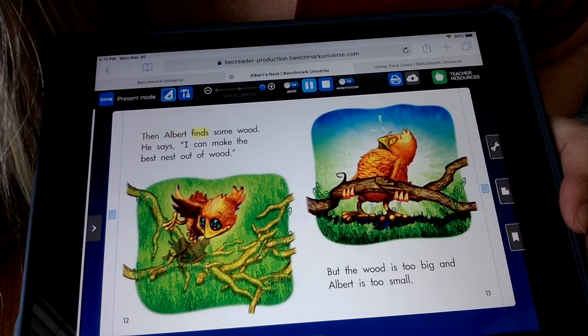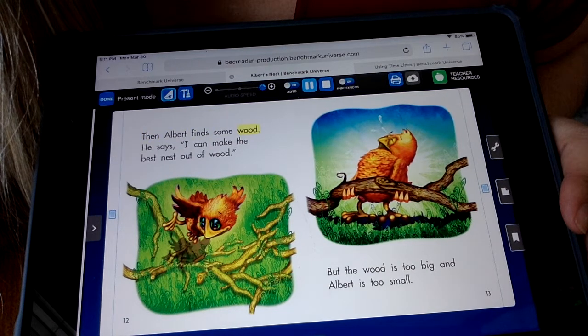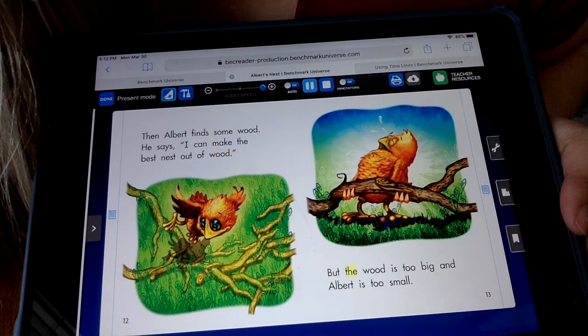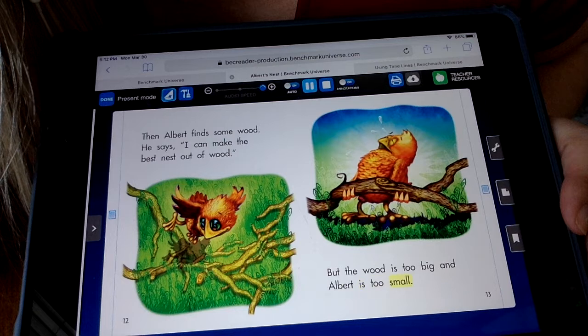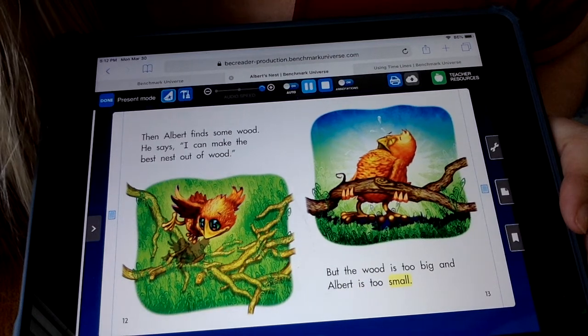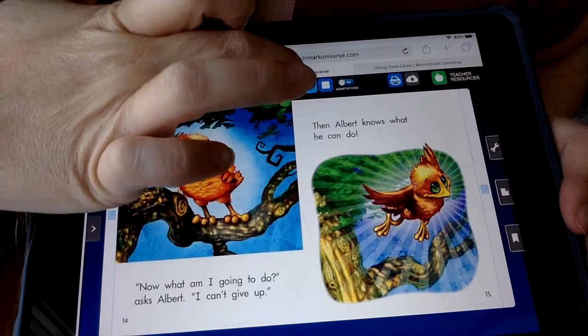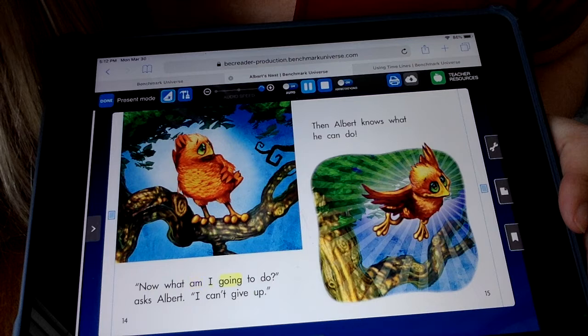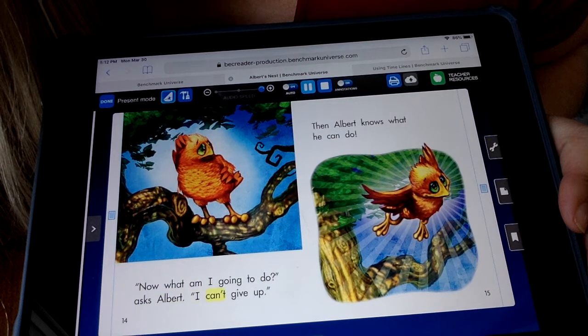Then Albert finds some wood. He says, I can make the best nest out of wood. But the wood is too big, and Albert is too small. Now what am I going to do? Asks Albert. I can't give up.